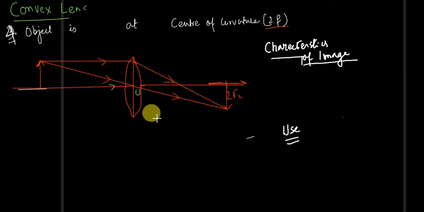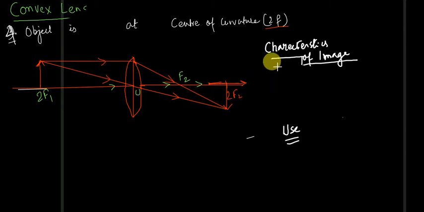So this is our next object and image combination that we are going to discuss. If you see over here, the object is at the center of curvature, or 2 into focus. So this is basically 2f1. One of the rays falling parallel will pass through the second focus, another will pass through the optical center, and another ray goes along the principal axis.